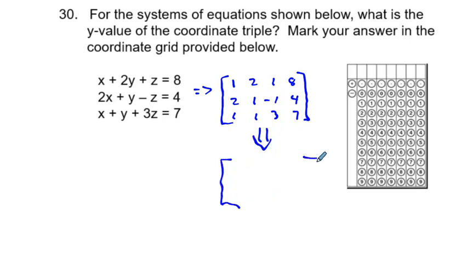When you work this out and you get a solution in reduced row echelon form, your answer is going to look like this: 0, 0, 0, 0, 0, 0. And then you're going to have your X, Y, and Z. So X, Y, Z will be these numbers right here to the right. So let's go ahead and enter this in there.